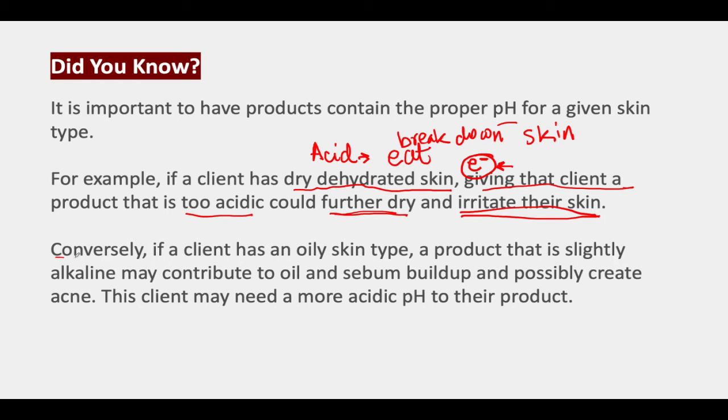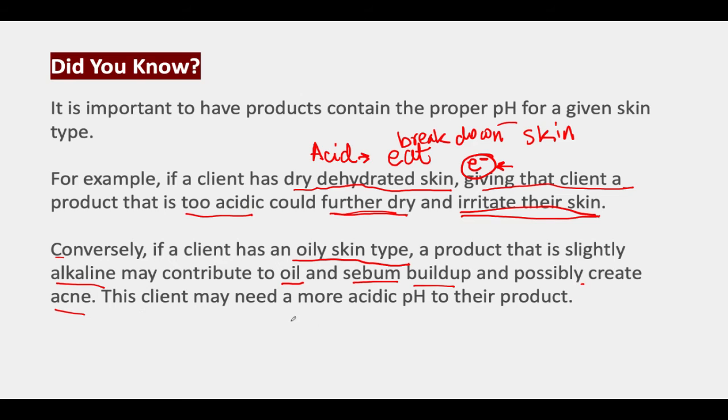On the other side, conversely, if a client has an oily skin type, a product that is slightly alkaline may contribute to oil and sebum buildup and possibly create acne, and the client may need a more acidic pH in their product. So you may need to move them towards more acid.